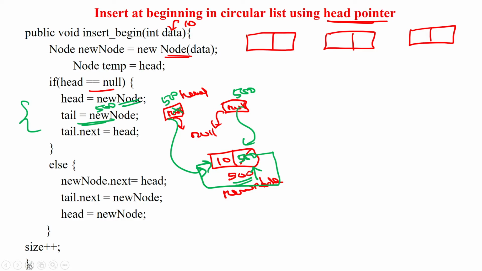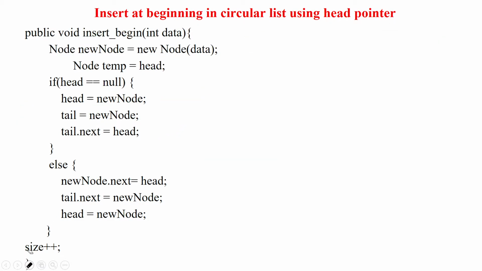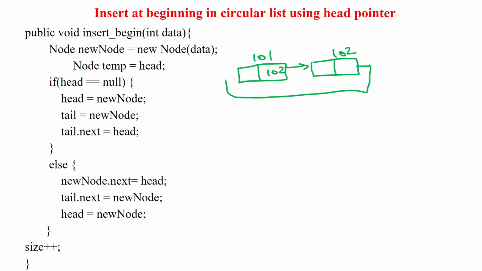Otherwise, if I have many nodes in the given list, we can have more than one node like this. I have two nodes, 101 and 102. 101 is pointing to 102, and 102 is pointing to 101, because it is a circular linked list.